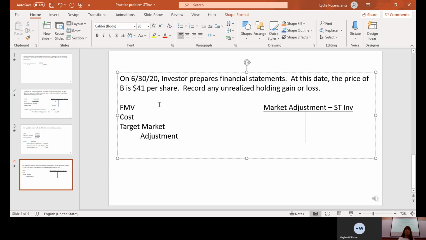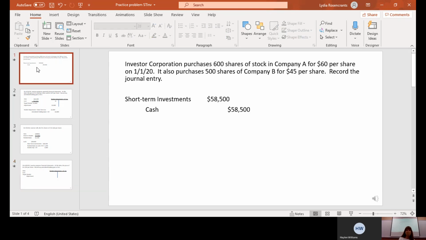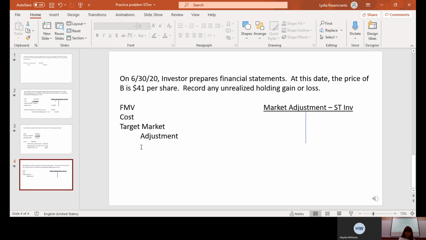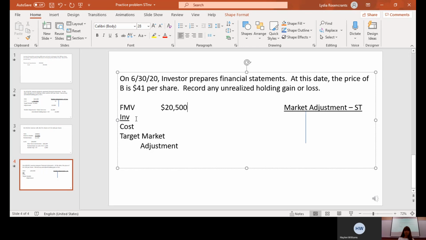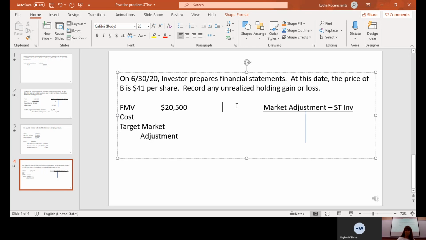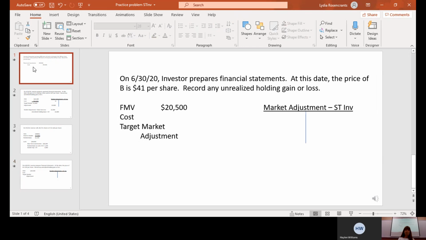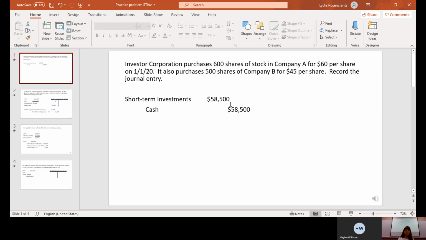All right, so the fair market value of B on the 6/30 is $41 per share times 500 shares, which is how many they own. So the fair market value is $20,500. The cost is the original amount. Now we don't have that because we put them together, but we can go back and look at it.